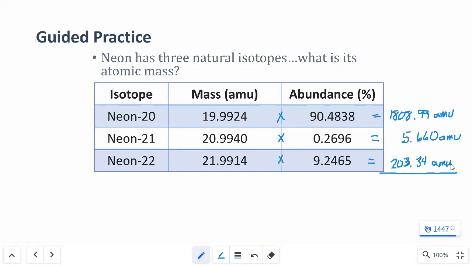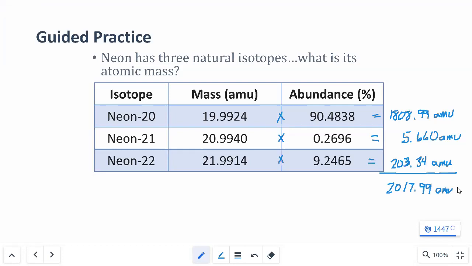I add all of these together: 1808.99 plus 5.660 plus 203.34. And I get 2017.99 AMUs.